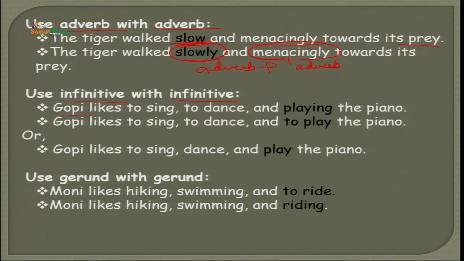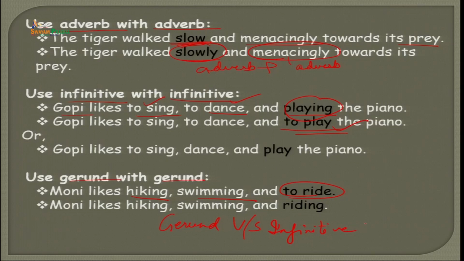So, Gopi likes to sing, to dance, playing. Now, again the same structure. To sing is an infinitive, right? To dance is again an infinitive, whereas playing the piano becomes a verb. To play the piano is the correct answer. Understood everyone? So, with this we have one more example, gerund with gerund. Moni likes hiking, swimming and to ride. So, remember gerund with gerund versus infinitive with infinitive, right everyone?